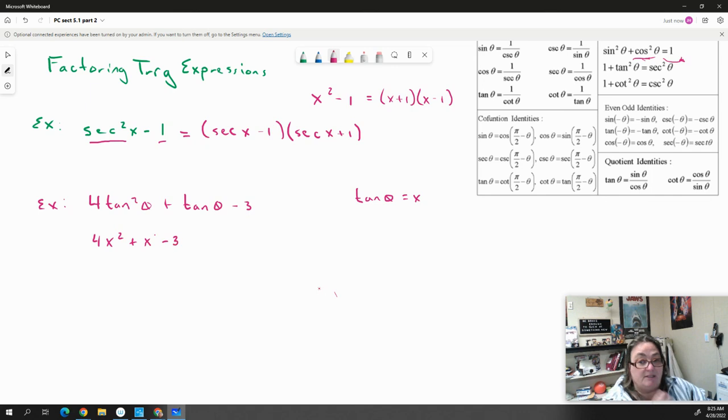And it makes it a little easier for me to put into perspective, right? When I'm solving a problem like this, I like to try and look at it in x's instead of tangents because they're going to solve the same way.